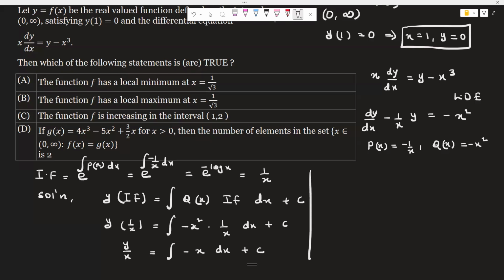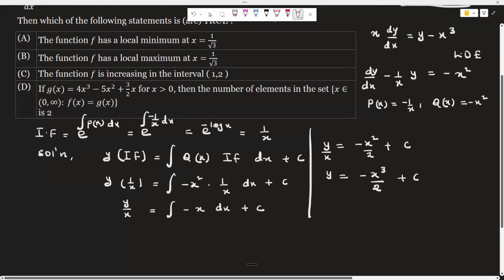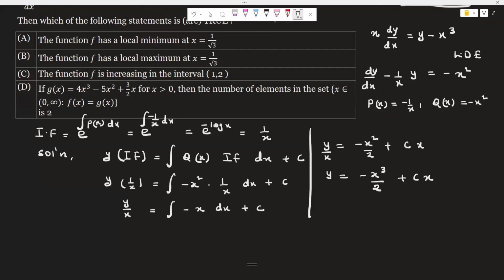Therefore y by x equals minus x square by 2 plus c. Doing cross multiplication, y is equal to minus x cube by 2 plus c, also into x, because we are cross multiplying with this x.